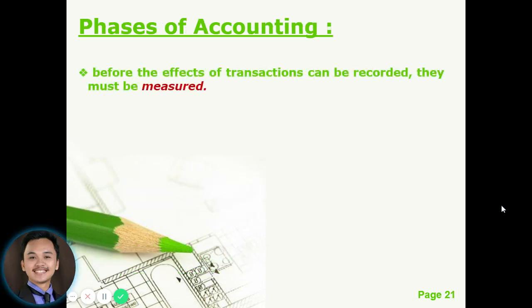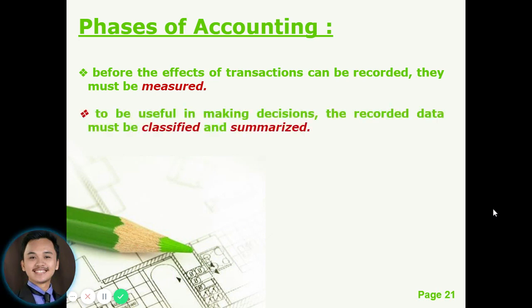Let's discuss this time the phases of accounting. Before the effects of transactions can be recorded, they must be measured. Again, before all transactions can be recorded, they must be measured because not all business transactions can be recorded. Only those business transactions that affect our assets, liabilities, and equity can be measured.